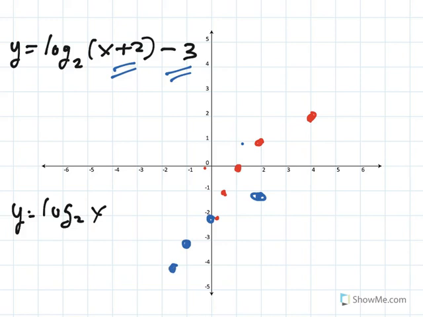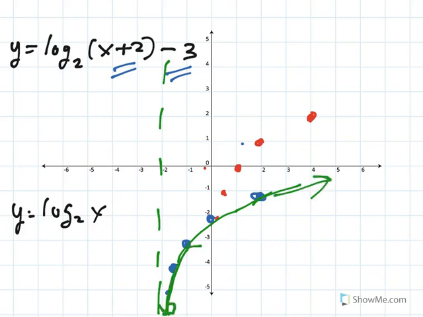And even from this quarter, -2, I'd go 2 to the left and 3 down. Now the asymptote, which was the y-axis, gets moved 2 to the left also. So the asymptote ends up over there. And when I graph it, I get something like that.